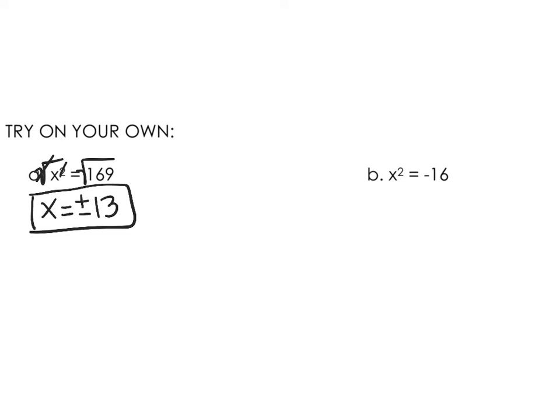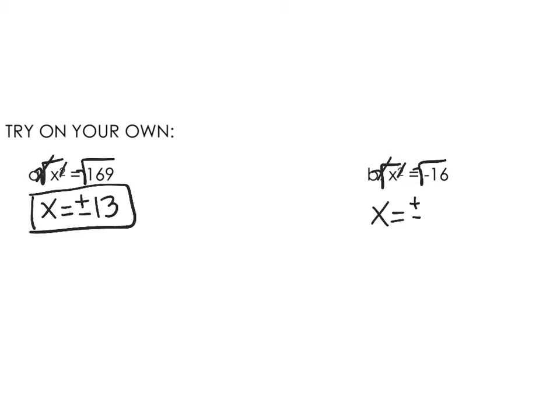All right, let's try the next one. If I take the square root on both sides to get rid of that squared, it's going to cancel that out. And x equals, I took the square root on both sides, so I'm going to have to put plus or minus. And then if I go to type in square root of negative 16, your calculator will probably say something that says non-real answer.